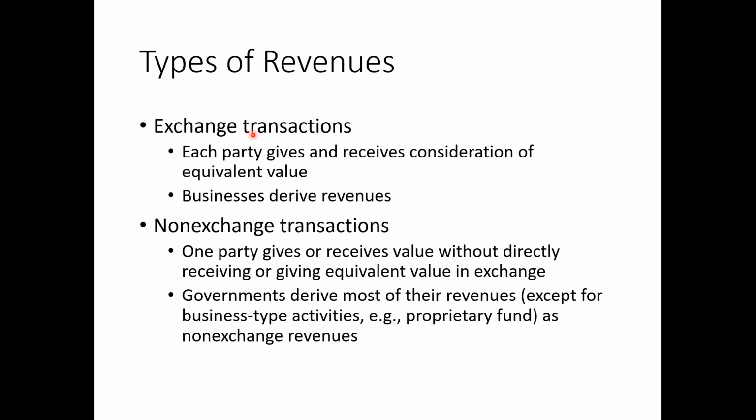One is exchange transactions, in which each party gives and receives consideration of equivalent value. Typically, business transactions, selling to customers, are exchange transaction revenues. We also have non-exchange transactions, in which one party gives or receives value without directly receiving or giving equivalent value in exchange.